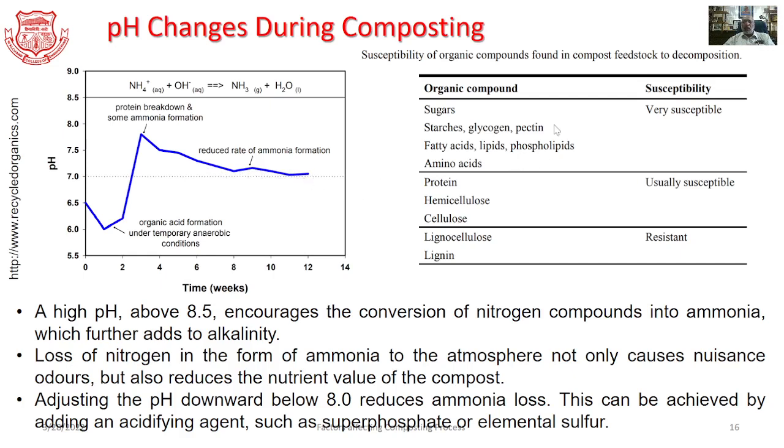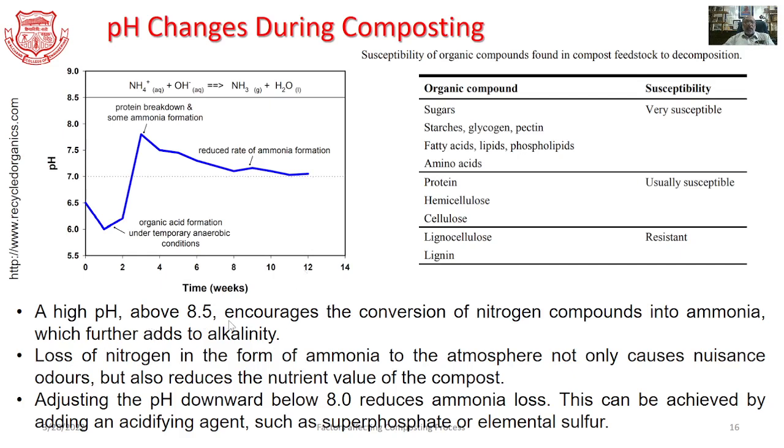So initially, these organic compounds, sugars, starches, etc., are highly susceptible, whereas in the later stages, as we discussed initially, the actinomycetes as well as fungi will be taking over in order to break down the cellulose and lignin in these particular pH ranges.